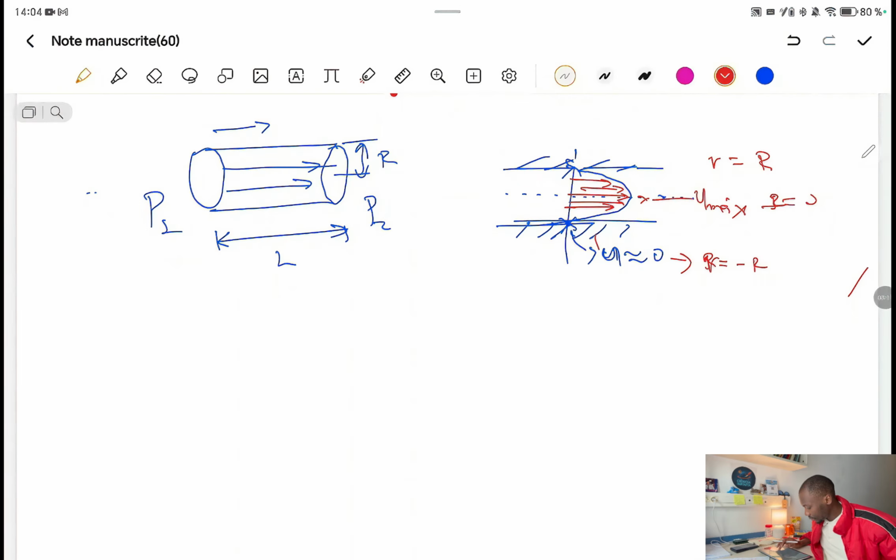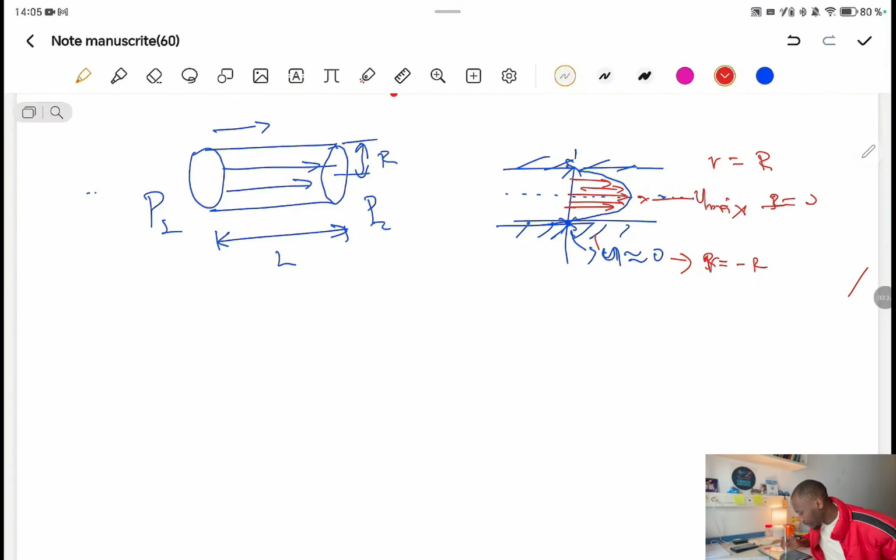Before we go on, we have to understand that we are working in cylindrical coordinates, and so we have to make some assumptions that will help us to have our equation easily calculated. These are not assumptions made just to get the solution; they are real assumptions that we are making here.